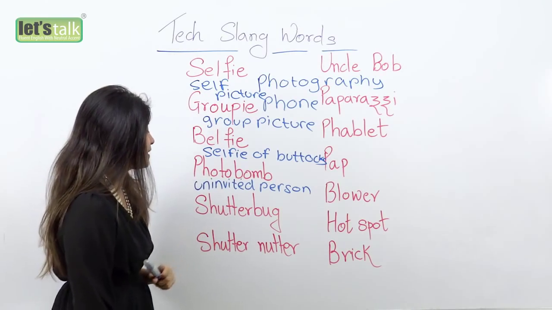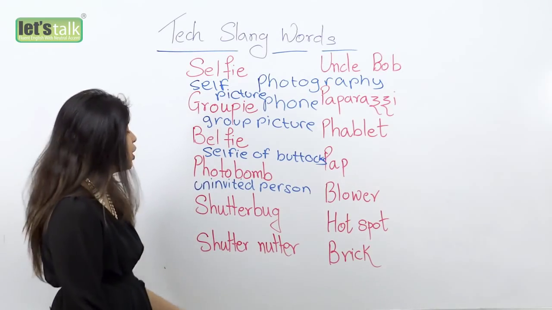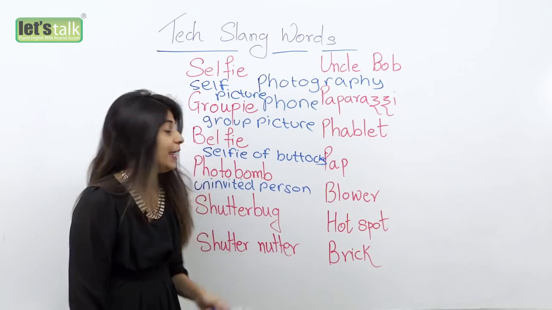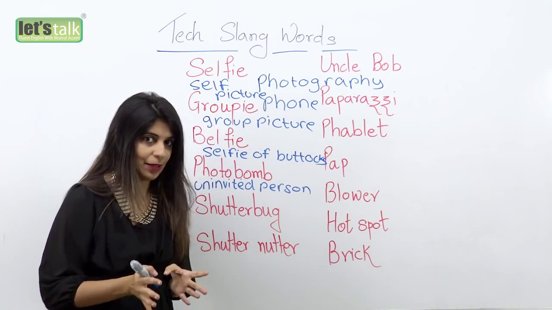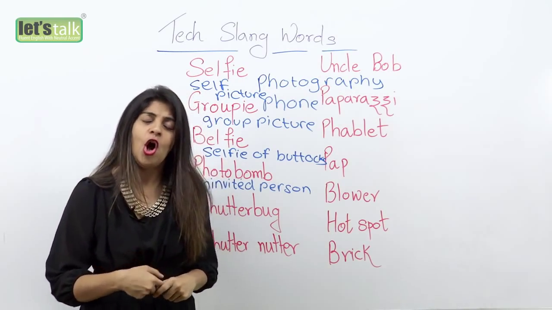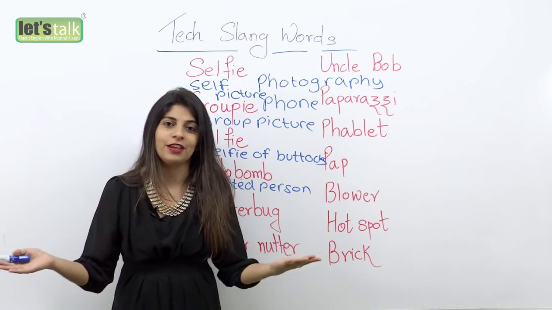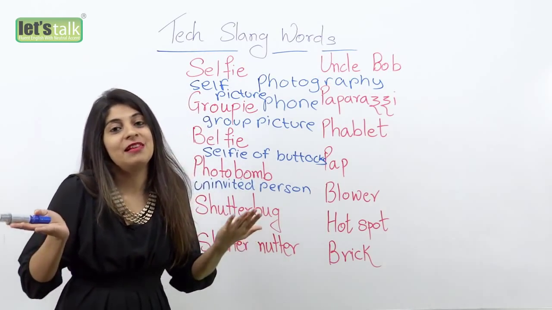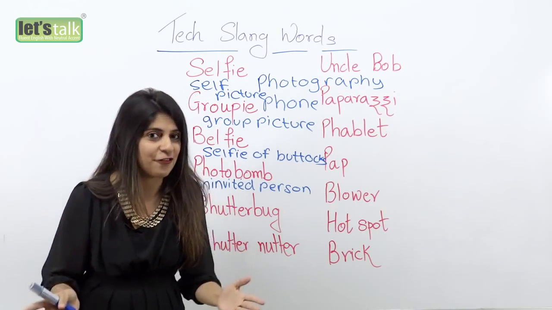The next one is shutterbug. And there's another one here, shutternutter. Now, shutterbug is an American slang, which is used for a photographer who just eats, sleeps, drinks photography. All that person loves to do is take pictures of anything and everything.